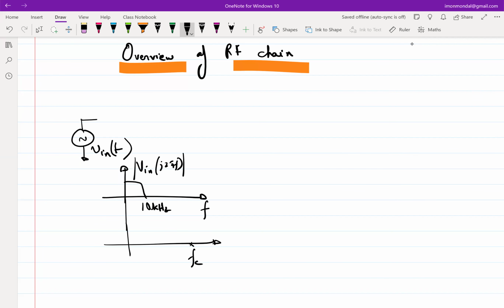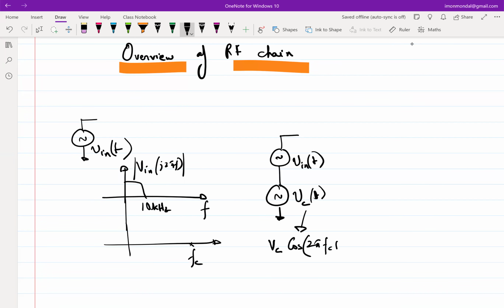So the suggested solution was, if we have this to be V in(t), and let's say I call this VC(t), where V in(t) is whatever the baseband signal or the input signal is, and VC(t) is a signal of a different frequency. Let's call this VC cosine 2 pi FC t.